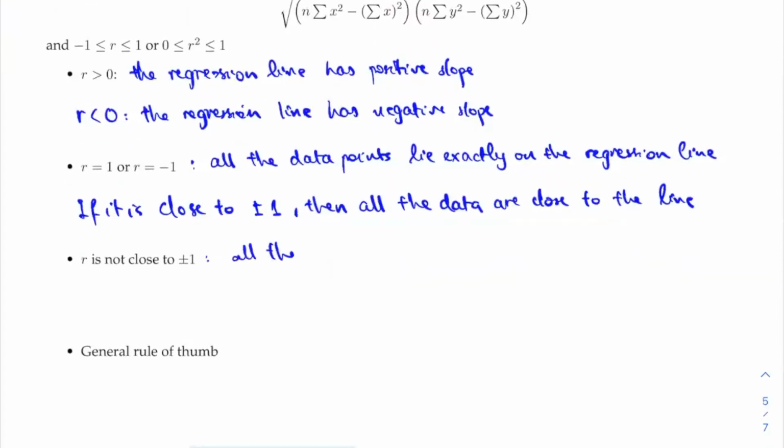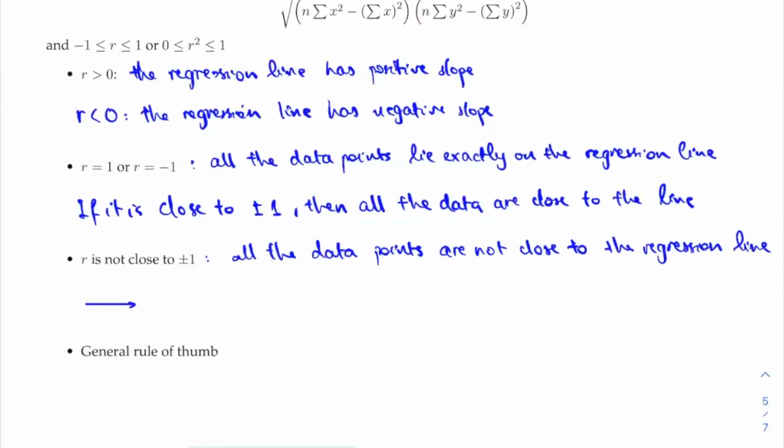So all the data points are not close to the regression line. In this case, the fit is not a good one. Right.